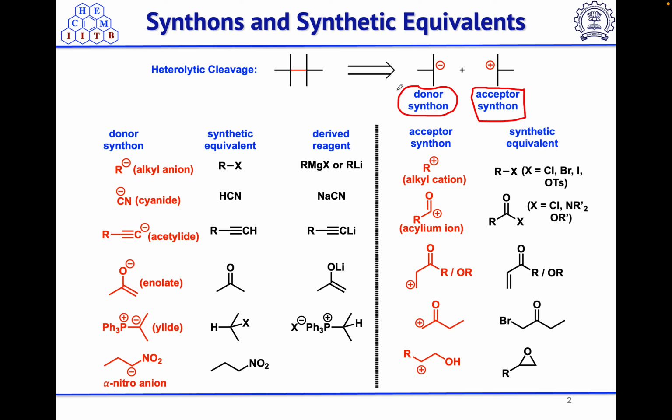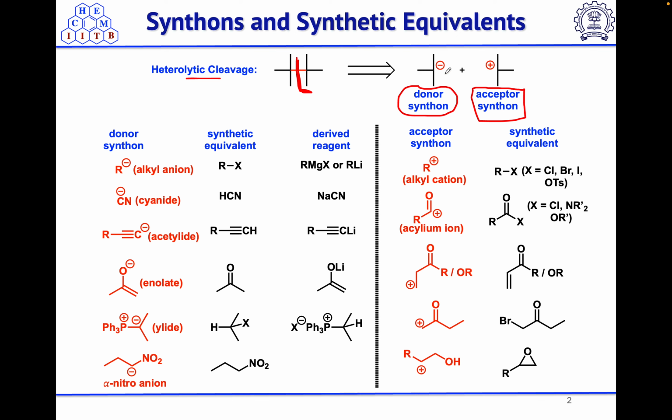Now if you want to do the forward synthesis, let's say in the retrosynthetic plan we think about this C-C disconnection via heterolytic cleavage. If we break this C-C bond via heterolytic cleavage, we have this donor synthon and acceptor synthon. These are not existing molecules.